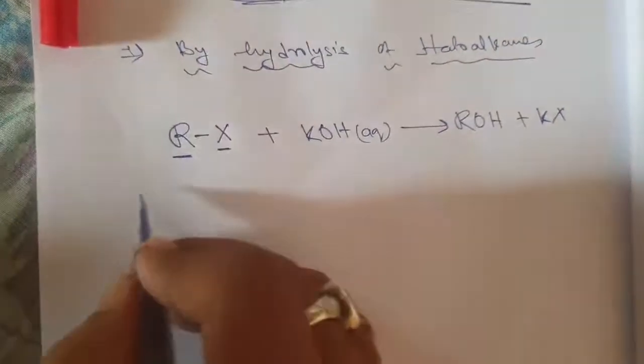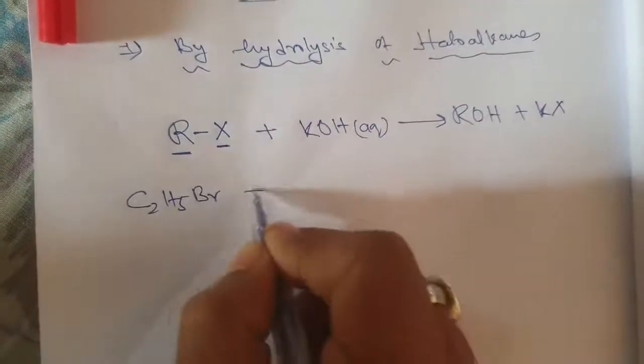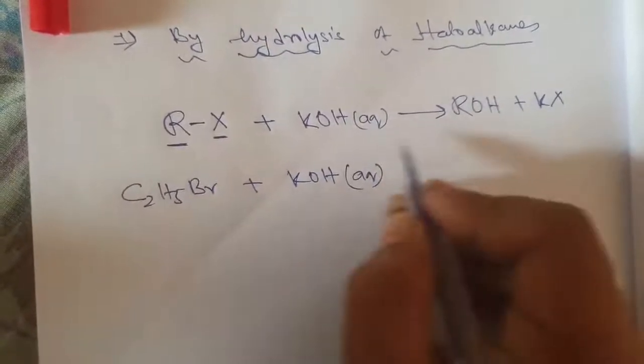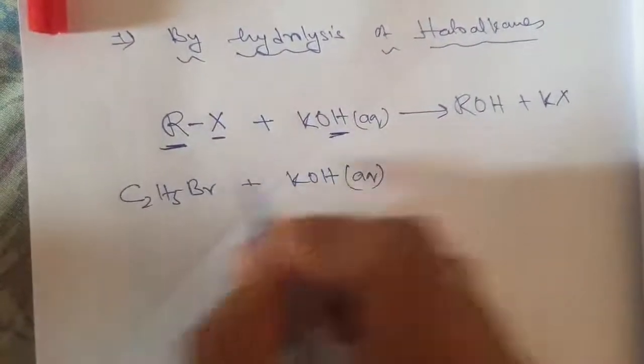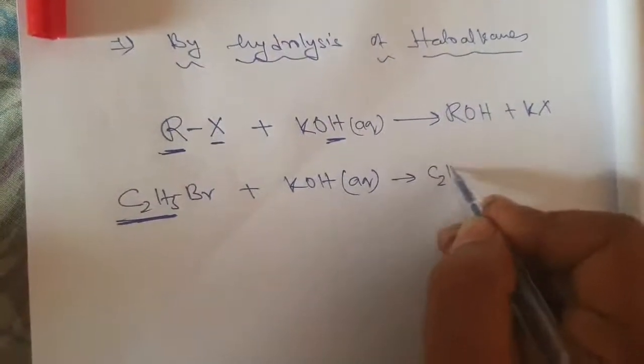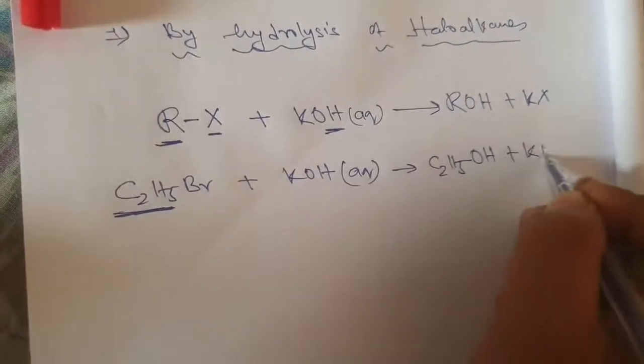So if you write C2H5Br plus KOH in aqueous state, the alkyl group C2H5 will come with OH and KBr will be produced.